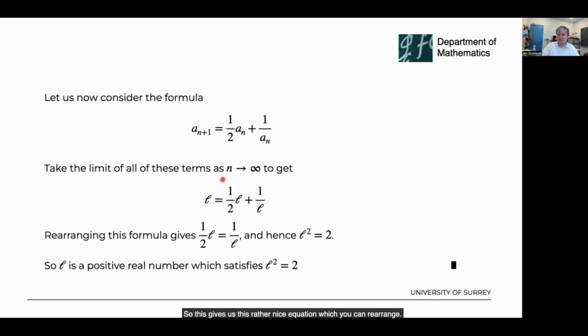So this gives us this rather nice equation, which we can rearrange, taking the half L onto the left-hand side, and I get a half L is equal to 1 over L, which in turn implies that L squared is 2. Hence, L is a positive real number which satisfies L squared is equal to 2.